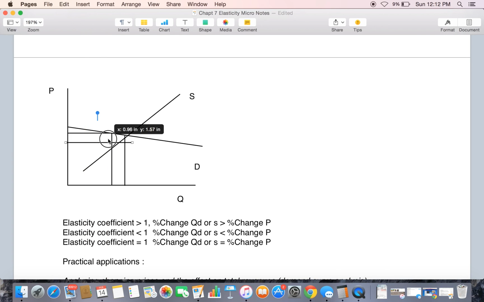Okay, so here we're looking at the quantity demanded at one price versus another.